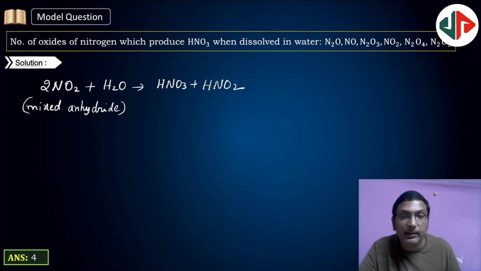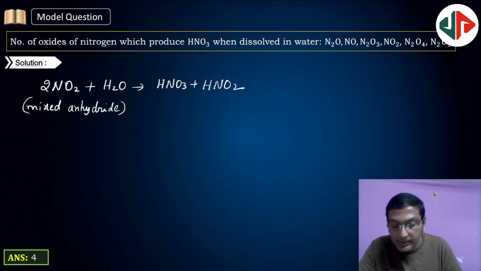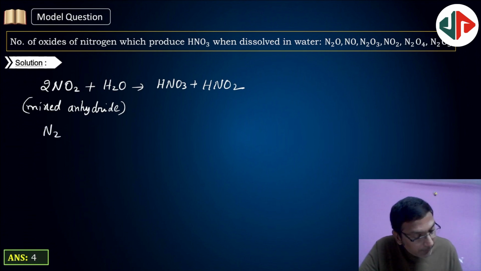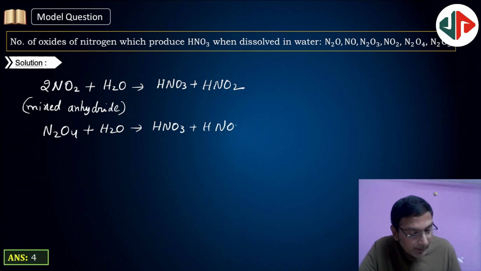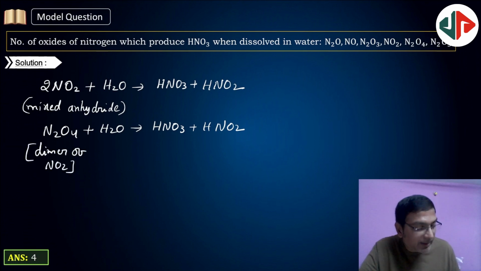It is forming nitrous acid and nitric acid. Next one, N2O4. N2O4 plus H2O, similar reaction, HNO3, HNO2. So it is a dimer of NO2. Both are same, dimer of NO2.